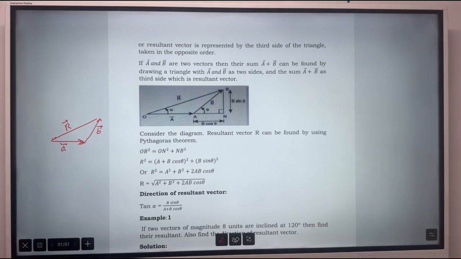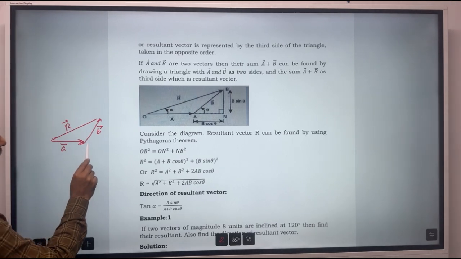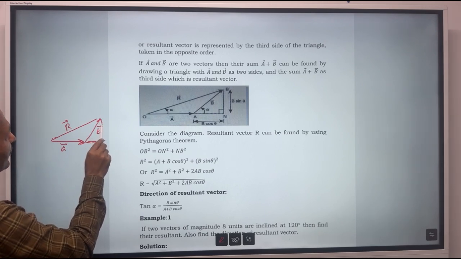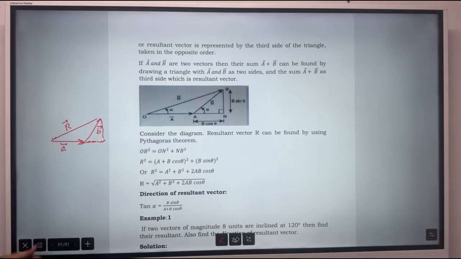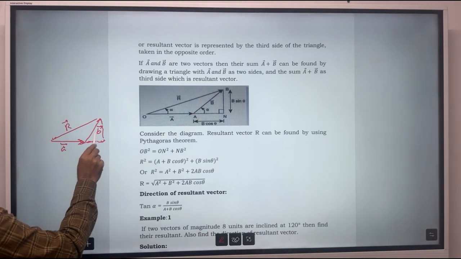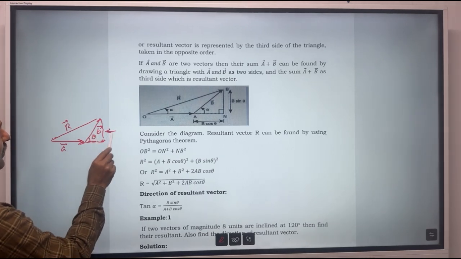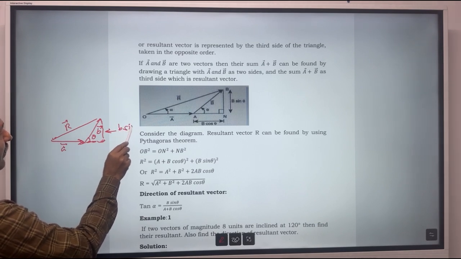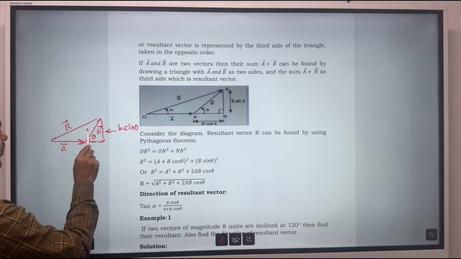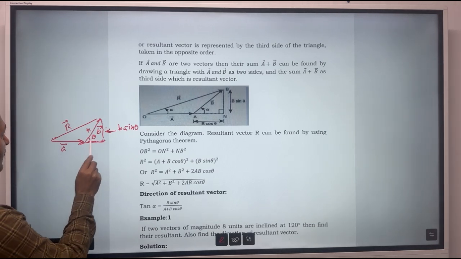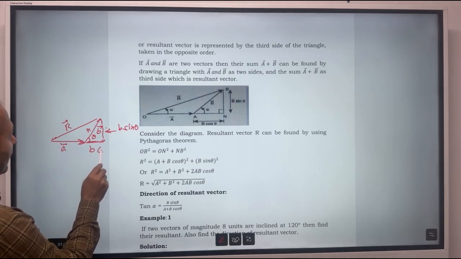This is say vector A, this is say vector B. So what do we do? We can draw a line like this till here and then we draw a perpendicular. And then in terms of this B, suppose this angle is theta, so we can write this as B sine theta, isn't it? This is the hypotenuse, this is the perpendicular, and this will be the base, which will be B cos theta.